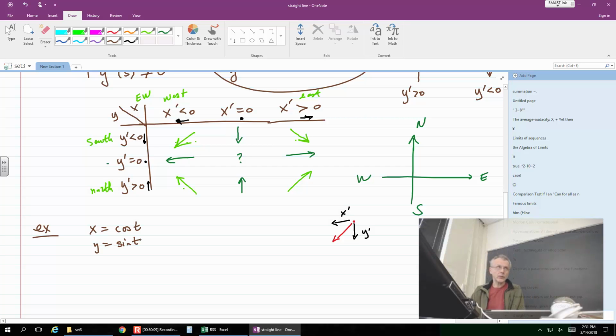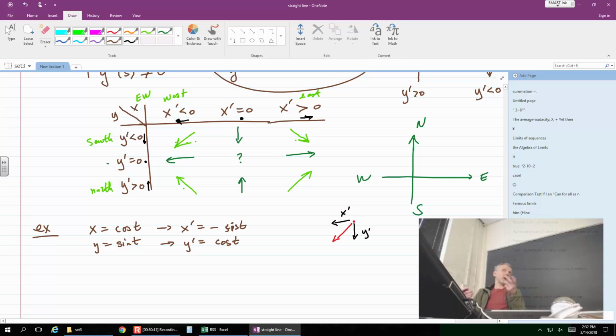To find out where it is going, I differentiate. x prime is equal to negative sine t, y prime is equal to cosine t. Then what you do is study, calculus 1 style, both of these functions to find out where the derivative is equal to 0, where it is positive, where it's negative.